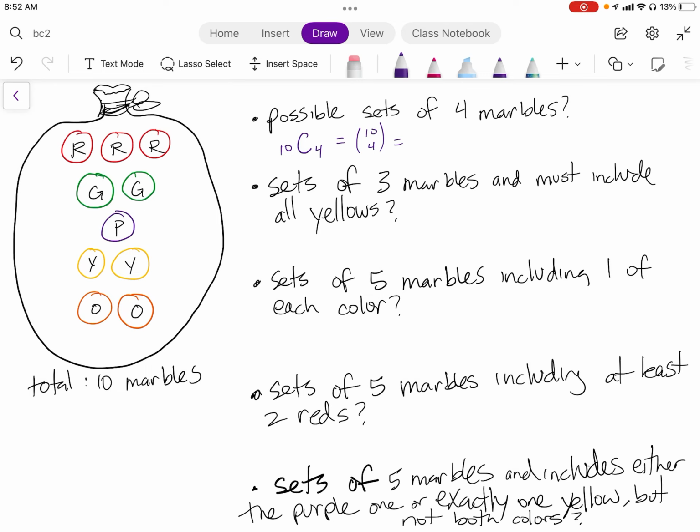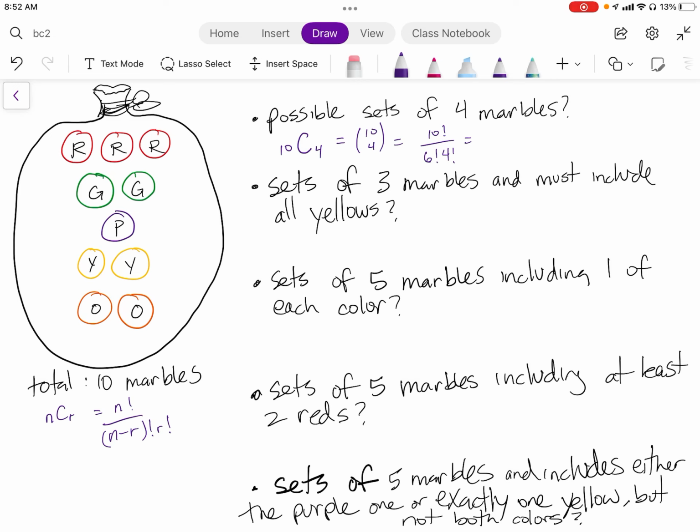Remember that the formula for nCr is n factorial over n minus r factorial times r factorial. So therefore we would have 10 factorial over 10 minus 4, which is 6 factorial, times 4 factorial. Again, I'm going to do this one by hand to show it can be done, but verify your answer with a calculator.